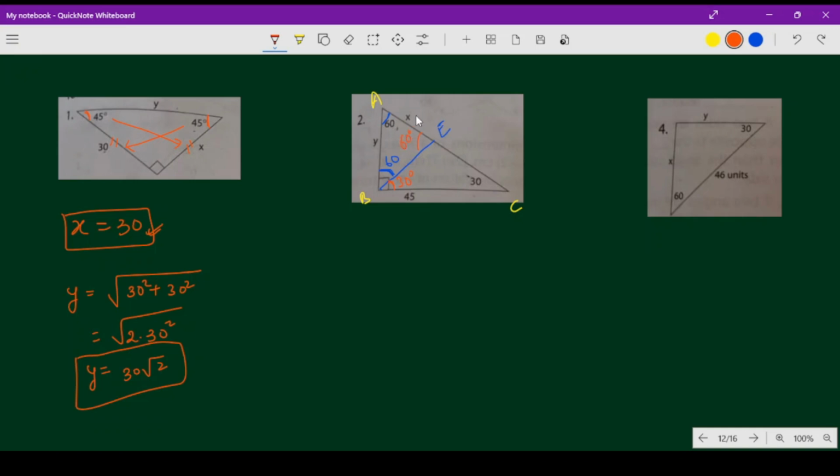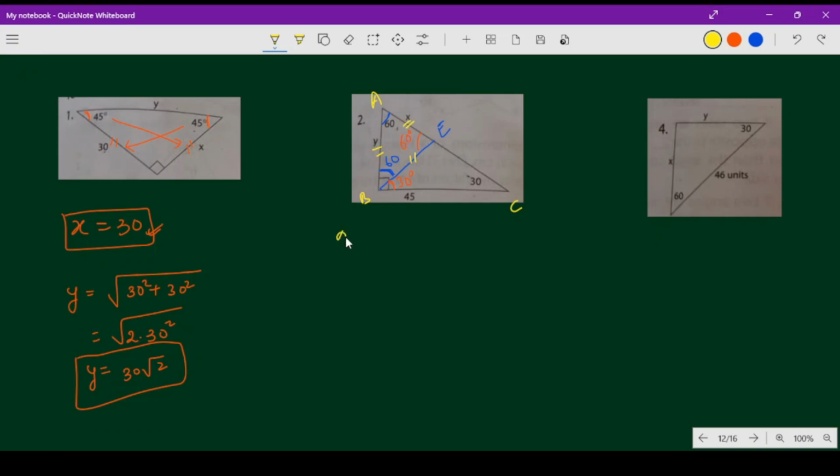Because all three angles are equal, this triangle ABE is what? An equilateral triangle. So all the side lengths will be equal. Here AB is given as y, so this BE is also equal to y, and then this AE is also equal to y.